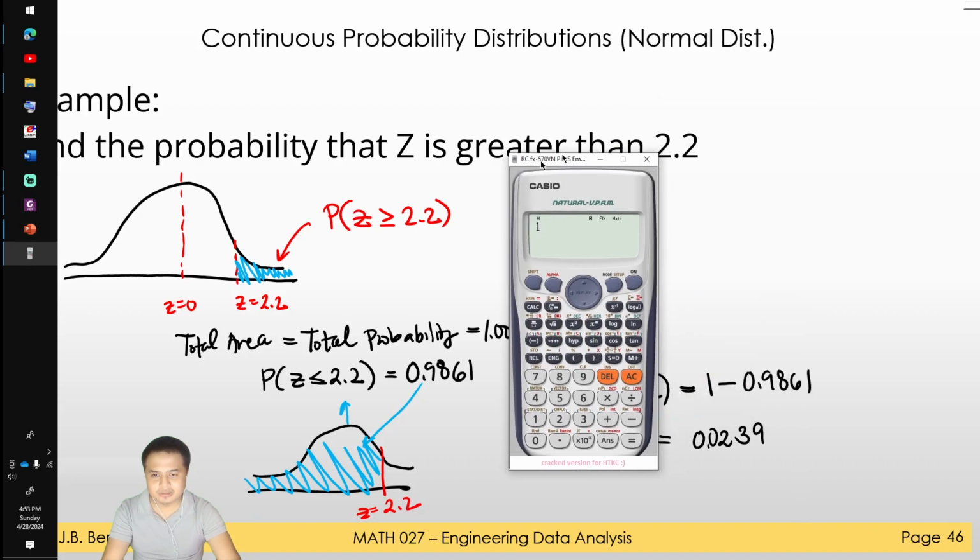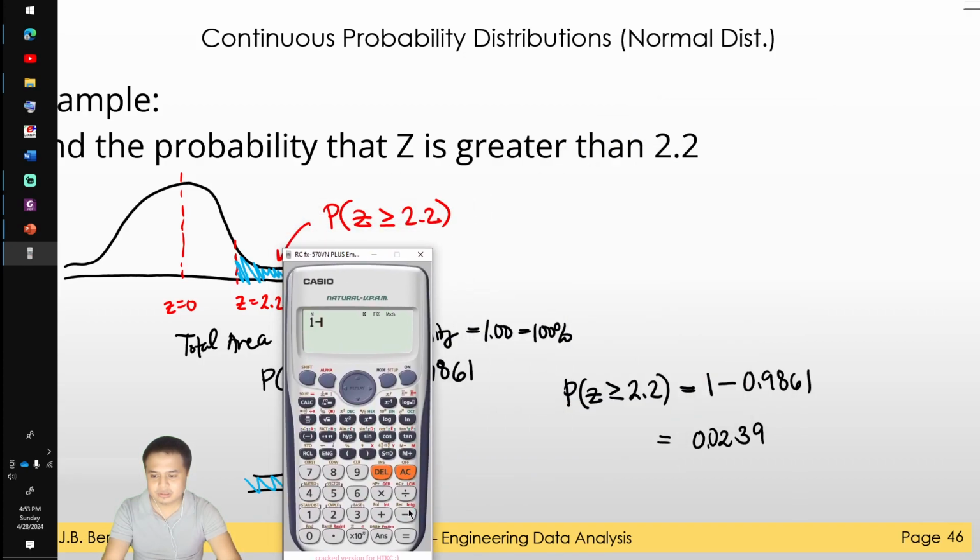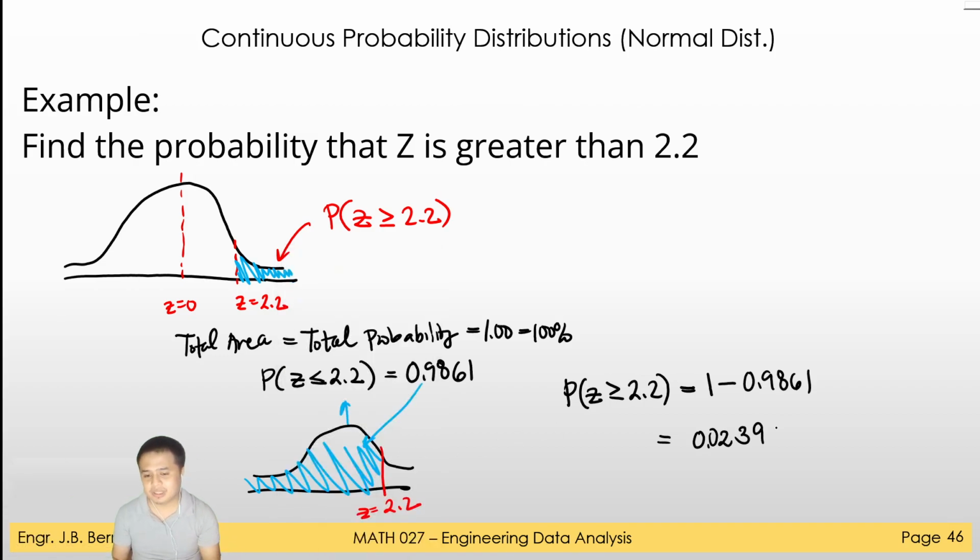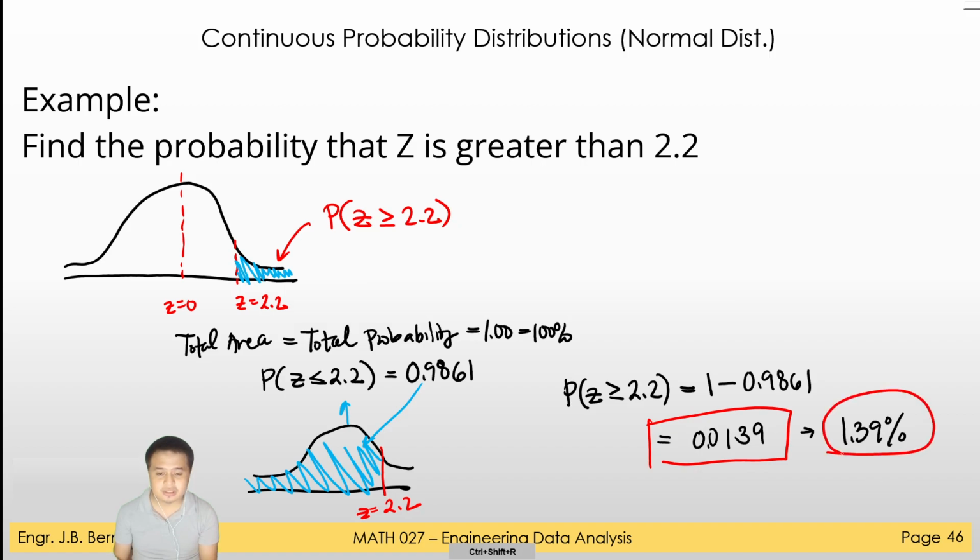So 1 minus 0.9861. Oh, sorry, that is 0.0139. Or you can write this as well in its percentage form. So we have 1.39%. So there's this probability that the z value will be greater than 2.2.